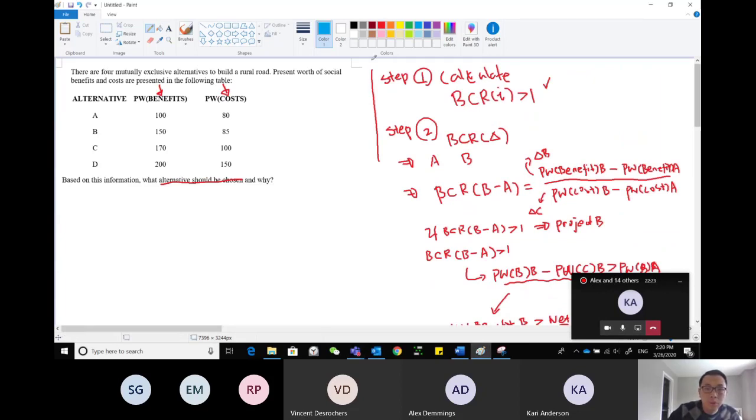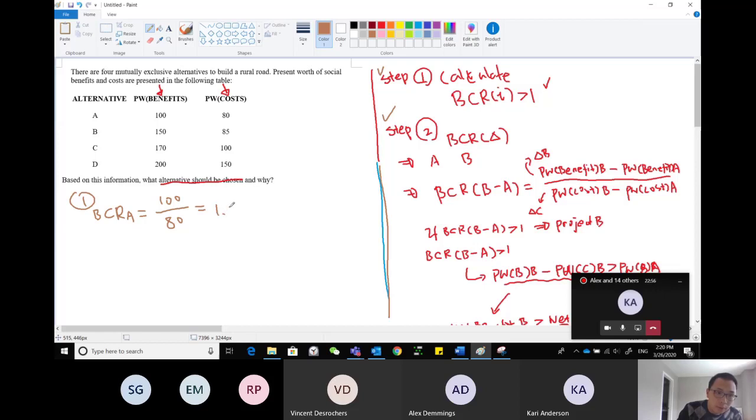Now let's go back to this example here. I'll just use a different color. Okay. So to follow this logic, step 1, step 2. For this question, step 1 will be calculating BCR A, right? So BCR A will be the benefits over cost, which is 100 divided by 80.